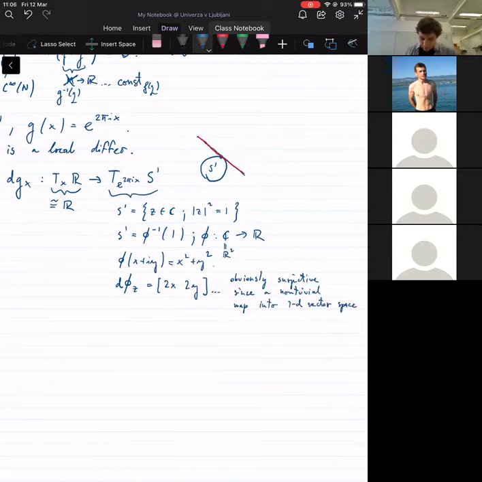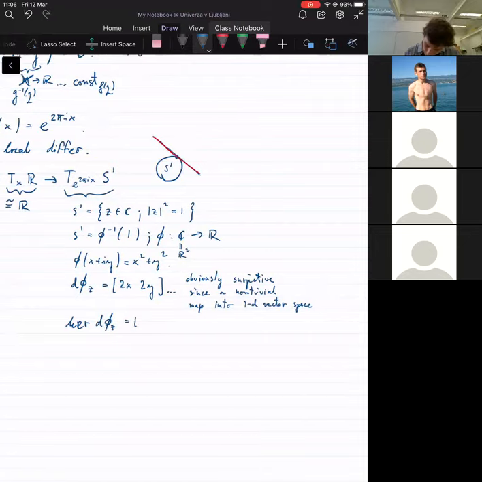So to determine the tangent space of S1, we have to take a look at the kernel of d phi z. So this is now the kernel of the above map, but this is nothing else than the linear span of the vector minus y, x, for example.